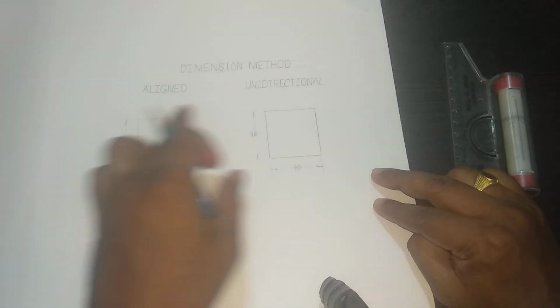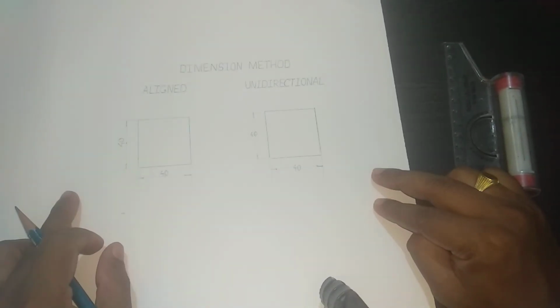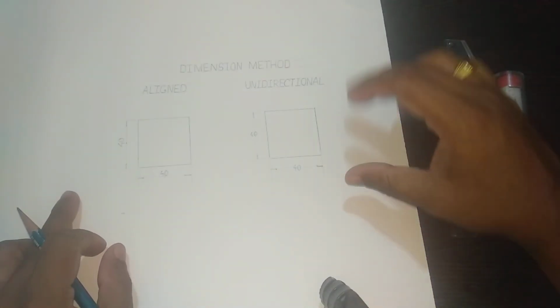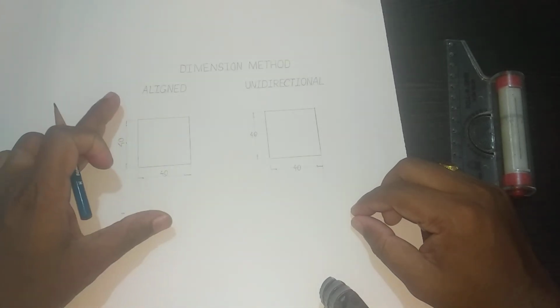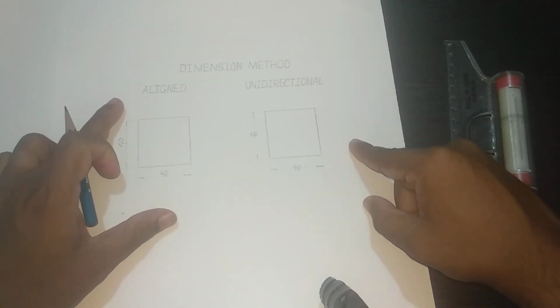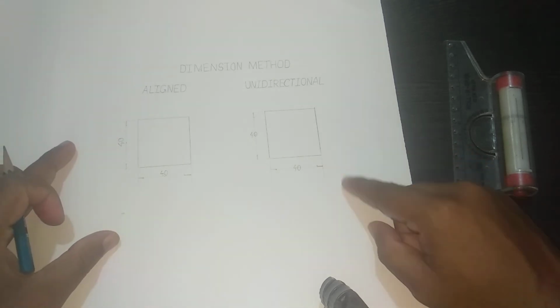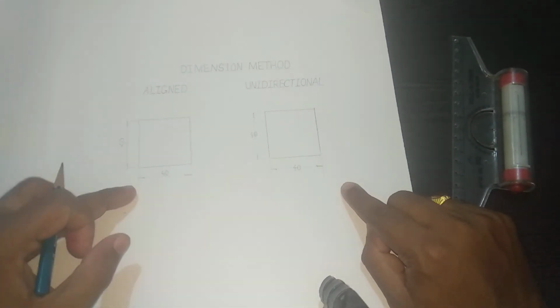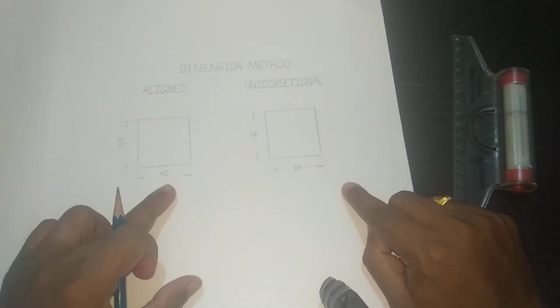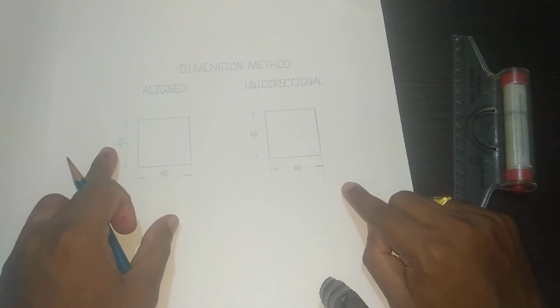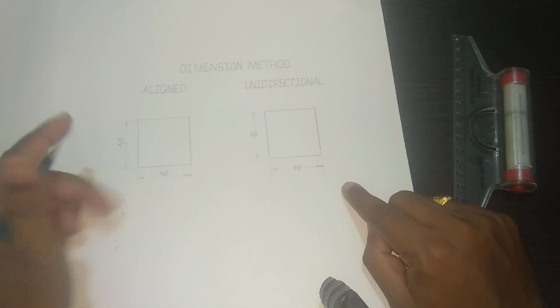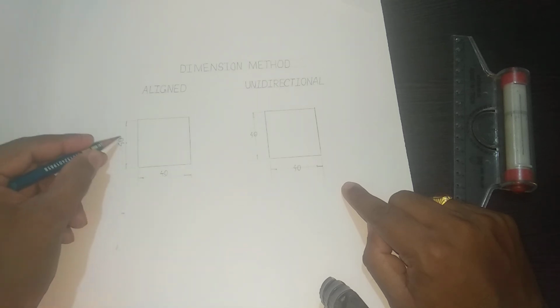So this is how we have to give the dimension. This is the main objective of this particular video. Simply you have to understand which one is the align method and which one is the unidirectional method. Now you can easily say by seeing this that in the align method we can give the dimension above the dimension line, here also and here. In the align method always give the dimension on the left side of that dimension line.